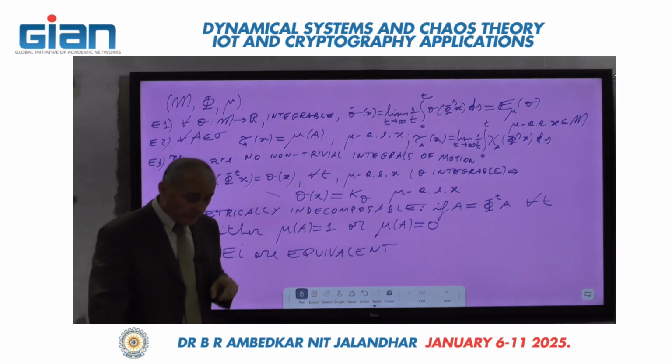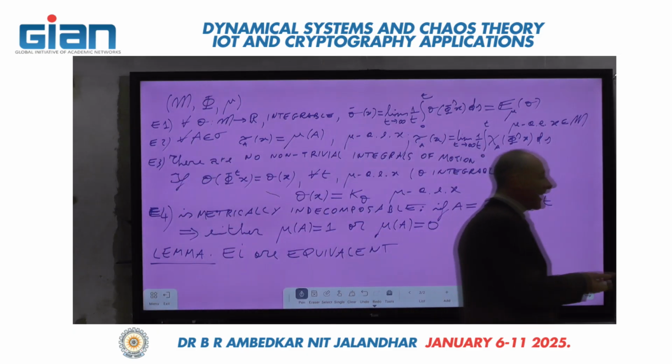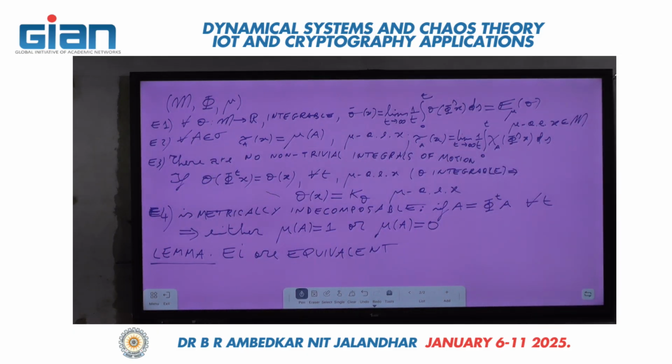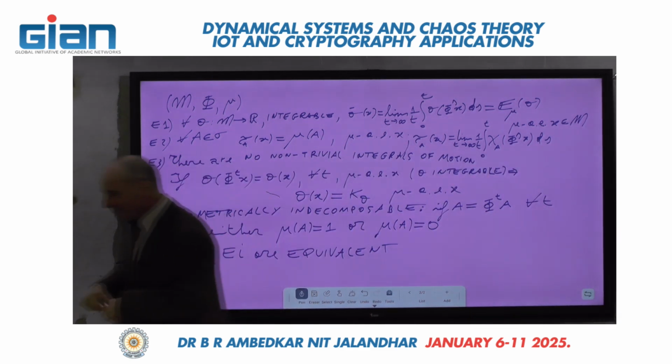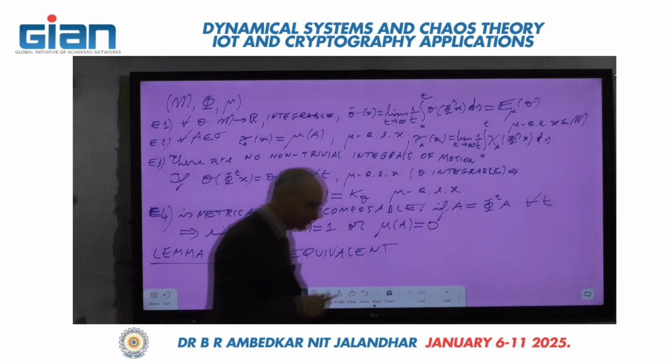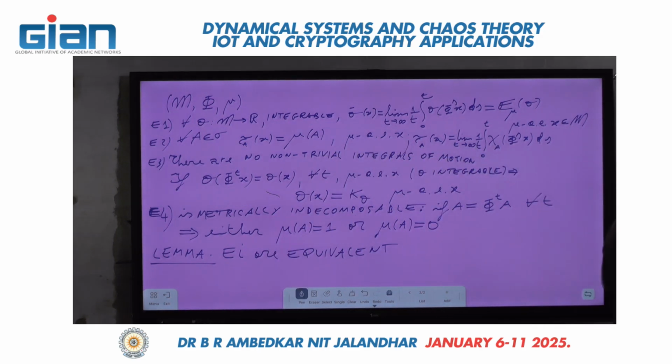Then, if you want a probability measure that is invariant and that has got a density, if I want to have d mu of x equal a certain probability density f of x dx, then f is a function.